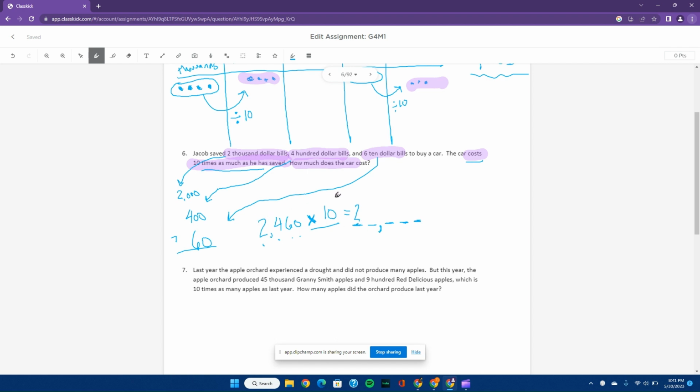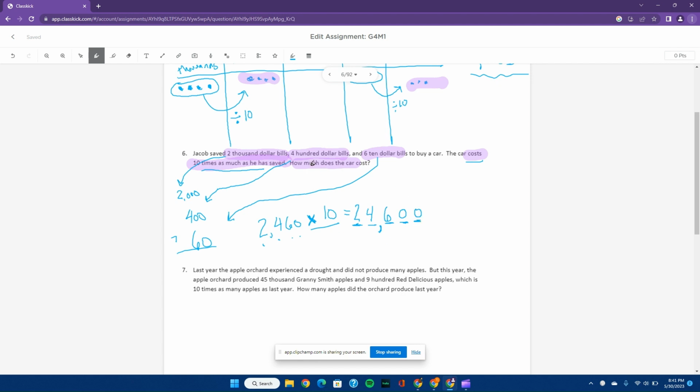So the 2 in the thousands becomes a 2 in the 10,000s. The 4 in the hundreds becomes a 4 in the thousands. The 6 in the tens becomes a 6 in the hundreds. This 0 ones becomes 0 tens, and there's 0 ones.